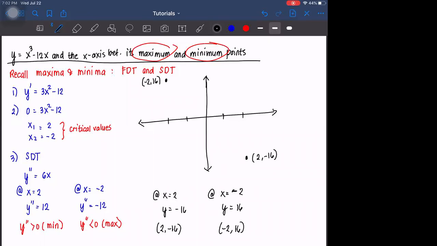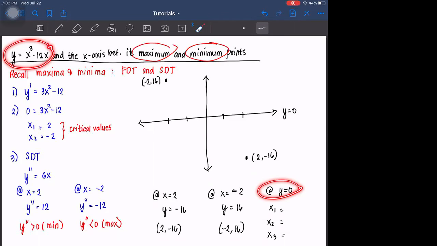So, equation aning x-axis? This is y equals 0. At y equals 0, naitulo ka value sa x. Kung saan yun siyang tulo ka value sa x? Asa na to i-substitute? 0.